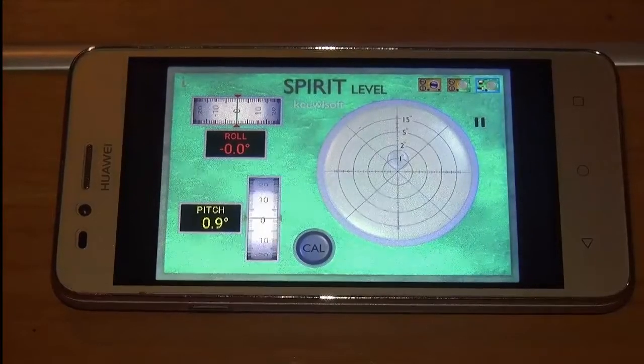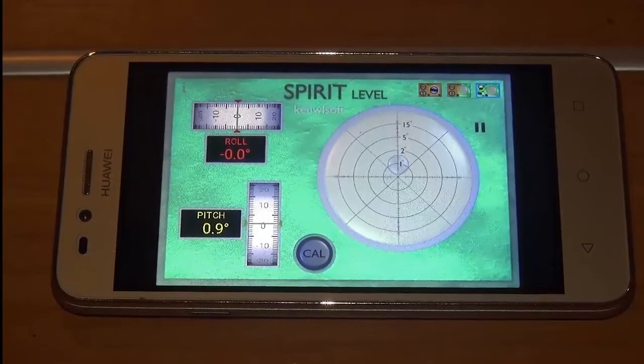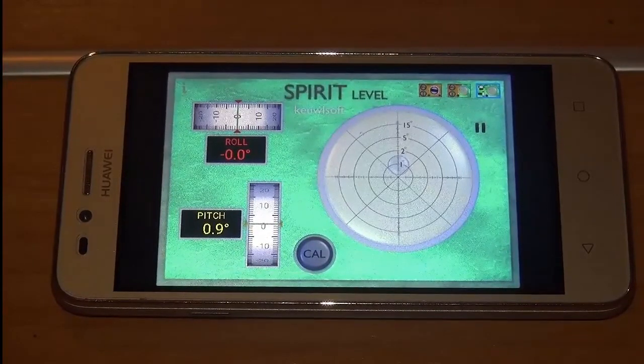Now what's important here is that people will argue that the accelerometers in mobile phones that are used by the apps to determine level rely on the force of gravity telling them which way is down and therefore which way is flat and level as a horizontal.